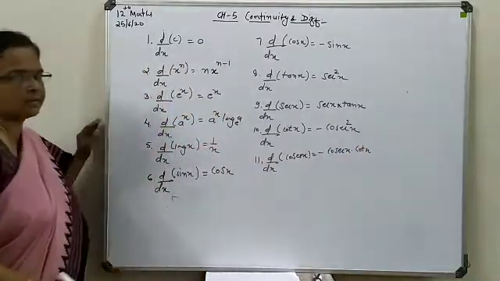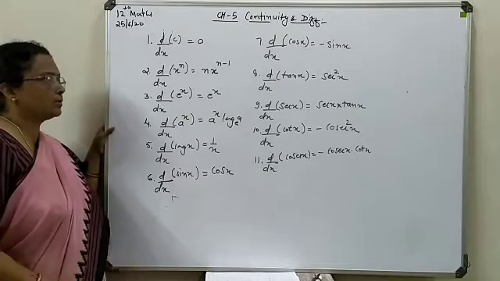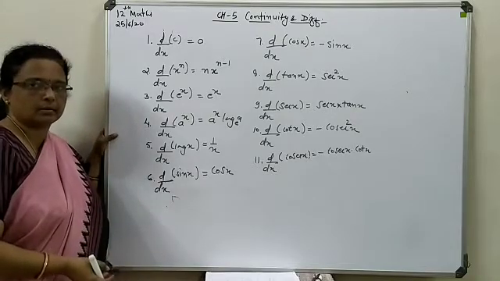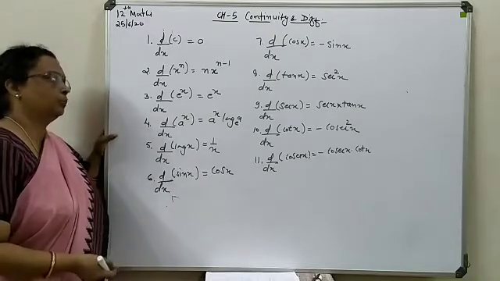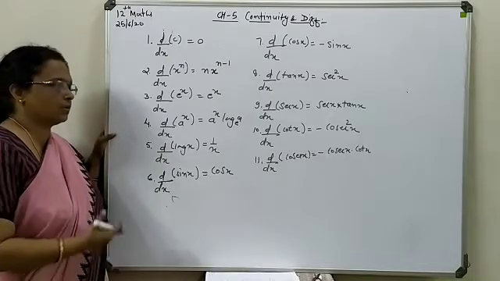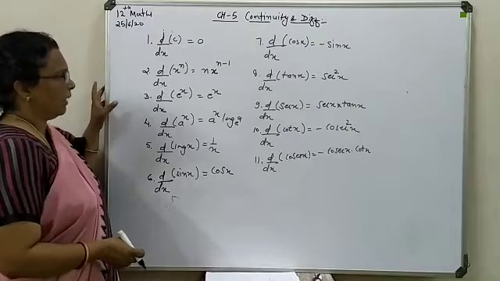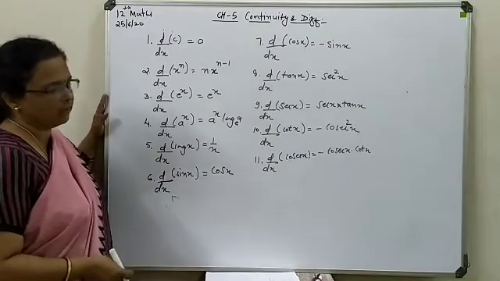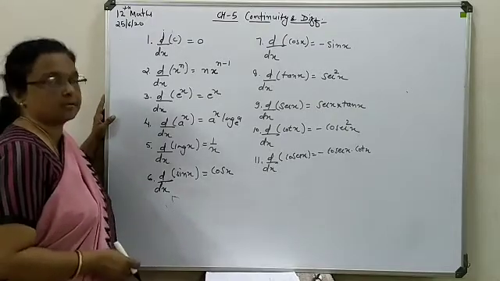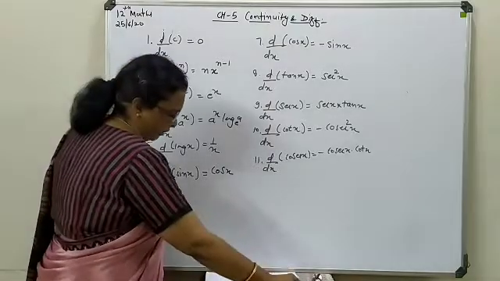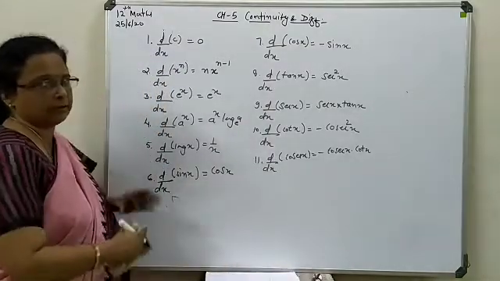So these are the basic derivatives we will use in the next exercise. Now new formulas will also be introduced, but afterwards, so just now I am not going to list them out. So by using these basic formulas, we will start with exercise 5.2 and try to understand what forms are available.